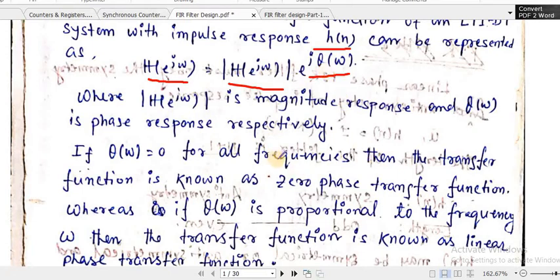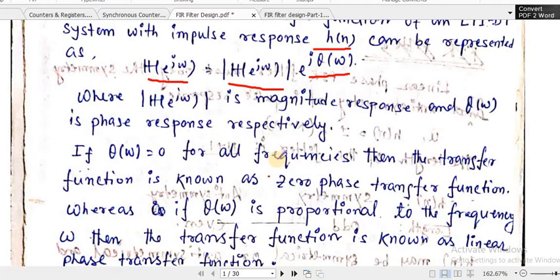Now this kind of system is ideal in nature. In any system, when the signal passes from input to output, the output phase also changes. If the change is linear, then we can predict how much change it will bring to the output.